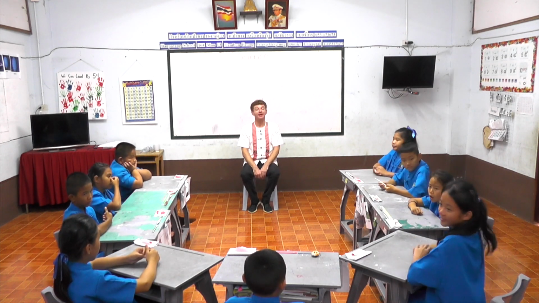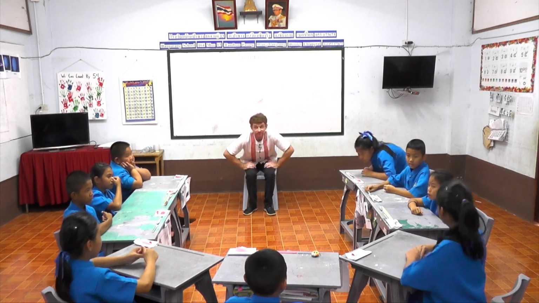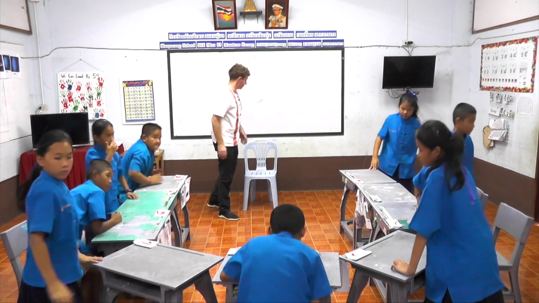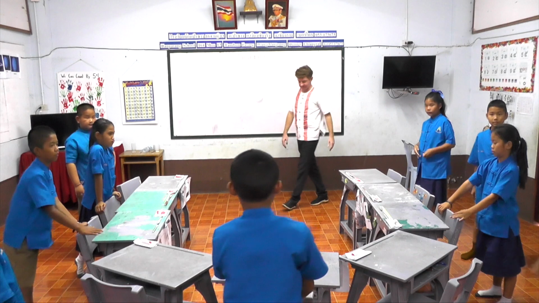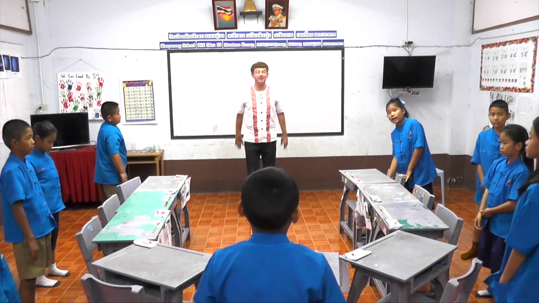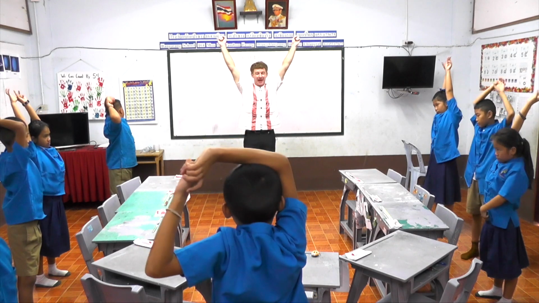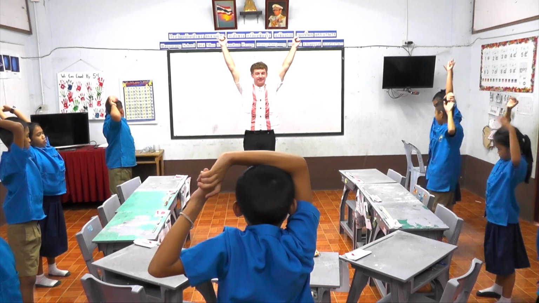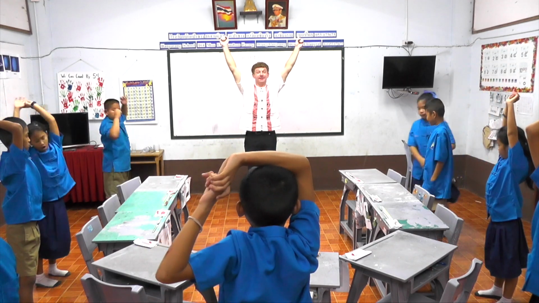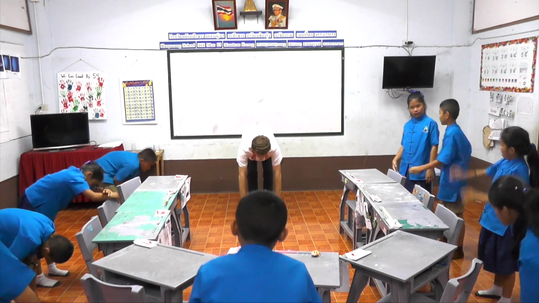Excellent. And next we'll do our stretch sequence. So let's stand up and push in our chairs. And we can begin by stretching up high to the sky. High as we can. And then let's go down low. Touch your toes.